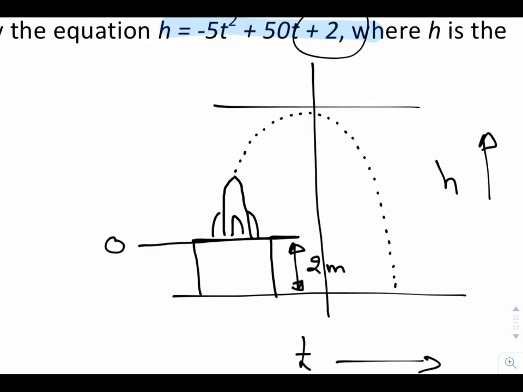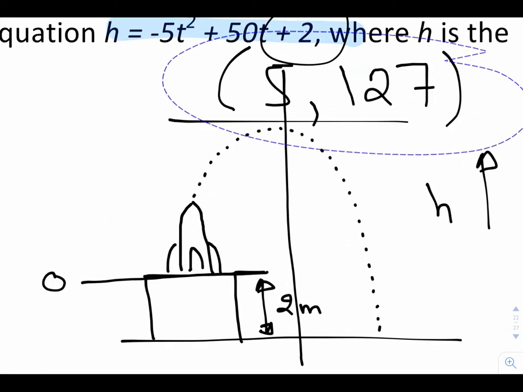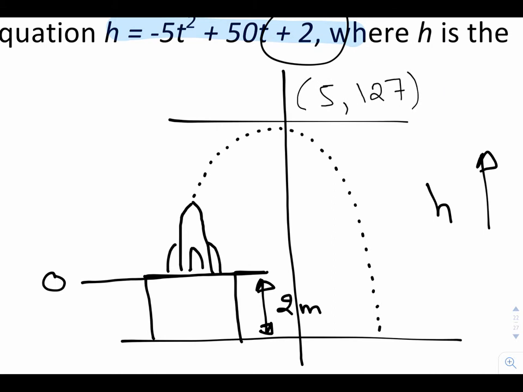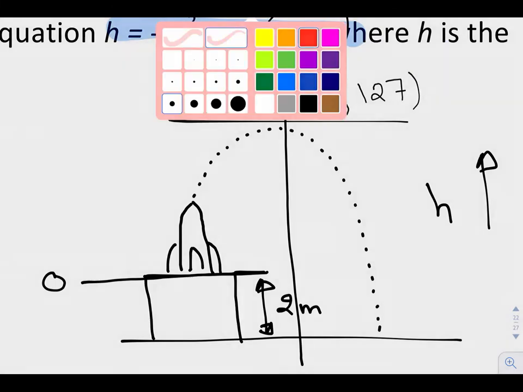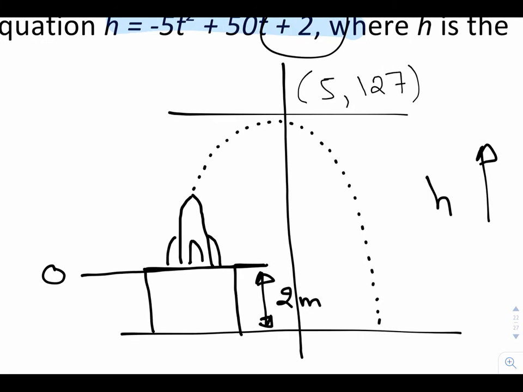It refers to the vertex, which is right here at the top. Keep in mind the x and y axis of this scenario. Here's my y axis, because this is where it's starting, and my x axis is along the ground here. My vertex is 127 for the maximum height.